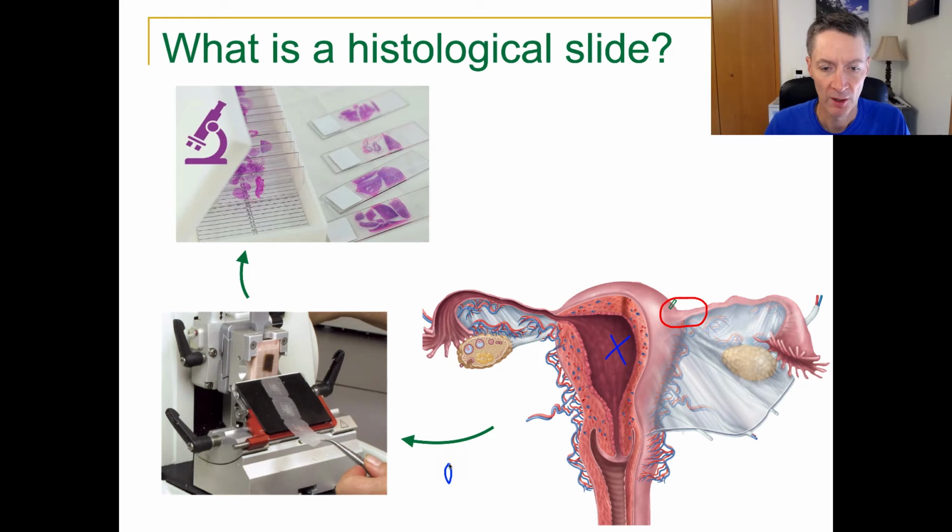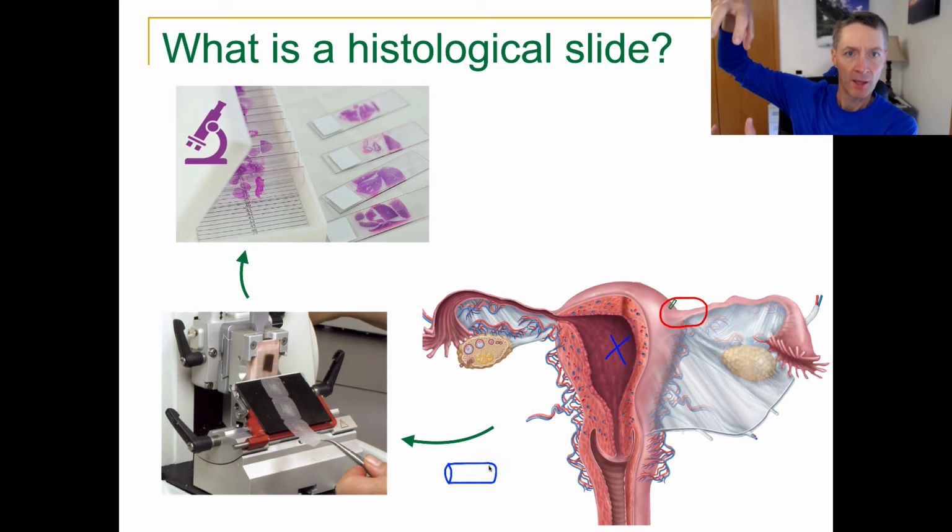I always think of it as like a core sample of the Earth, though it's much smaller. Think of a core sample of the Earth: they go in and take out a cylinder of the ground, and then you'll see in that ground there'll be layers of rock, layers of dirt, layers of various types of soil.